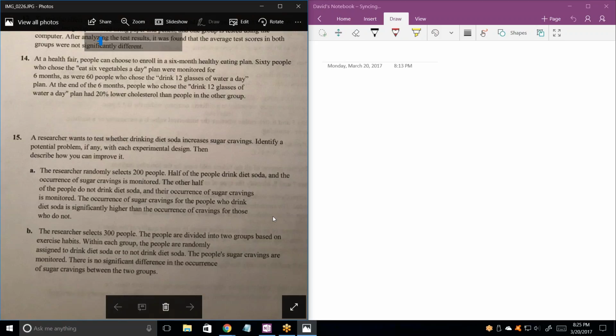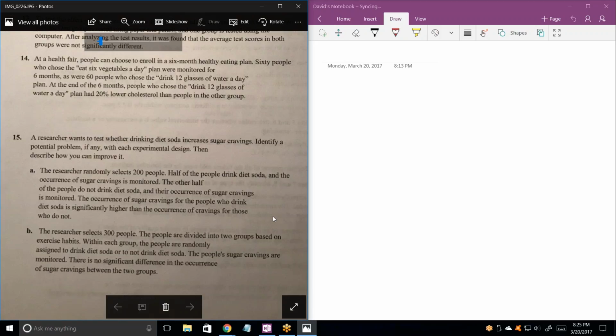So for A, half the people that are drinking diet soda, all of a sudden they're not getting their sugar fix. So you would expect their sugar cravings to be higher than the other half, because the other half are not drinking diet soda. I presume they're drinking regular soda, which has tons of sugar in it.